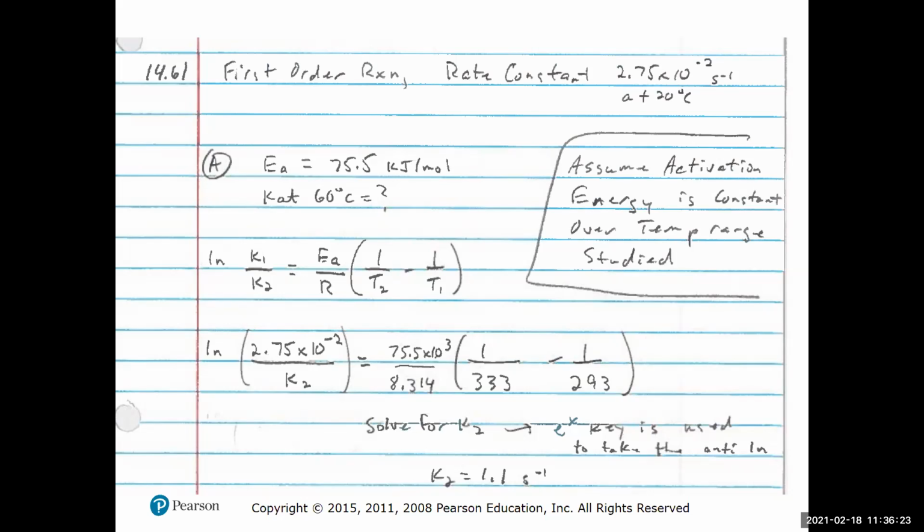But make sure you can do this calculation, because we're used to working in base 10 logs. This is now the natural log, and that means you're going to have to find the anti-log. You're going to have to use that e to the x key or whatever type of key your particular calculator has. Okay?